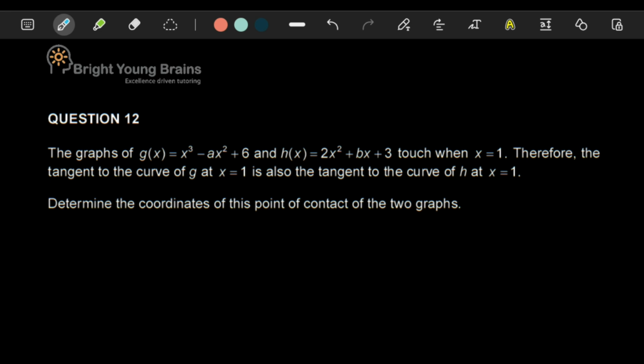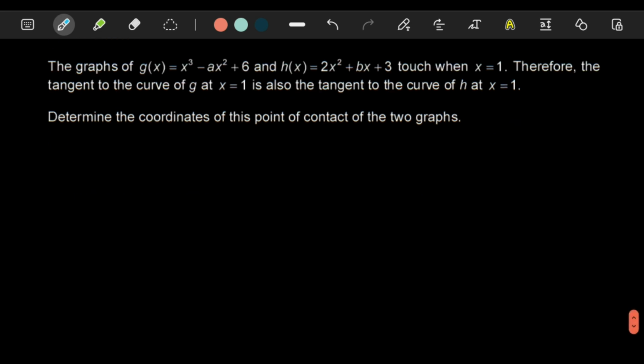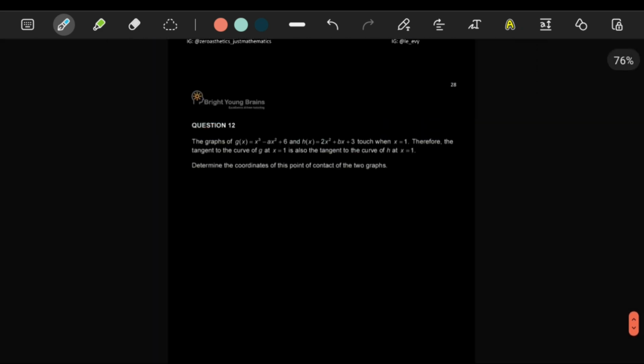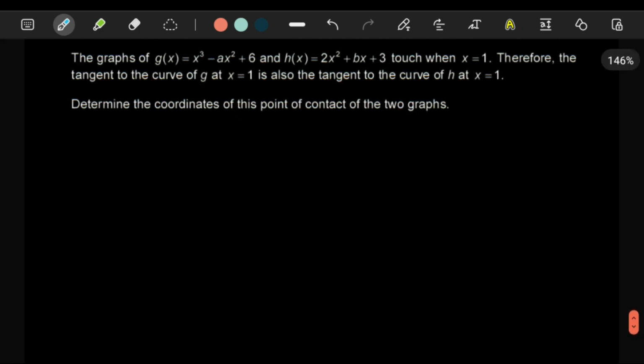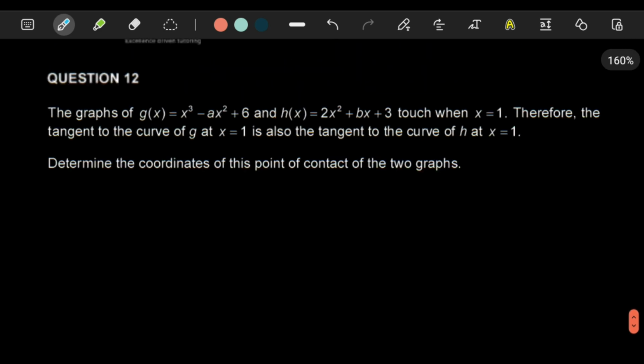Okay, it's quite interesting. Then it says determine the coordinate of the point of contact of the two graphs. I'm scrolling down to see the marker location. So we just need to work out the point where the tangent and the curve meet.